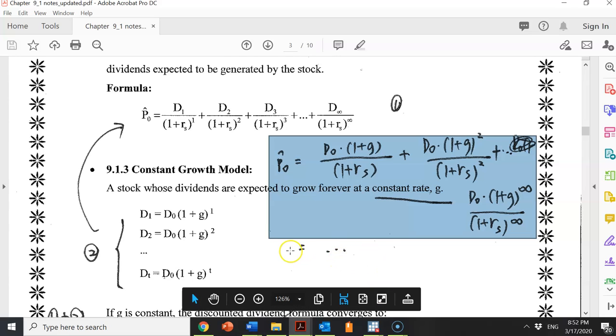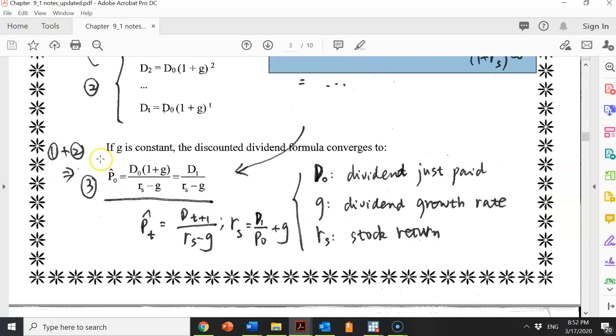But anyway, if you replace all of these into equation 1 here, you would have this complicated equation, and we can simplify it by using the summation formula for geometric series. And then we would have a very simple formula here, formula 3.